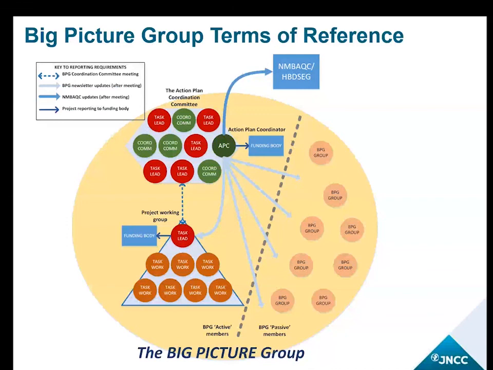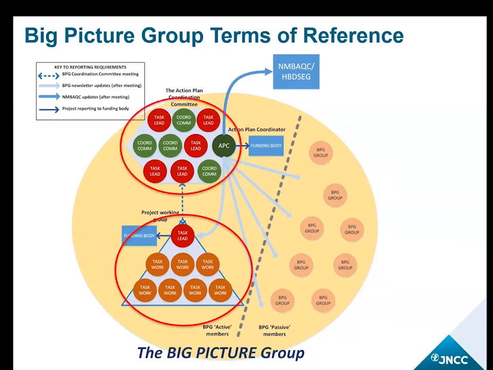Oh yeah, this slide's just to remind you of this diagram. Some of you might have caught this on the first day, but you've got your project working groups made up of individuals. Everyone's a little circle in this instance, and they feed up information to the coordination committee. Everyone needs funding, including the members of the committee.